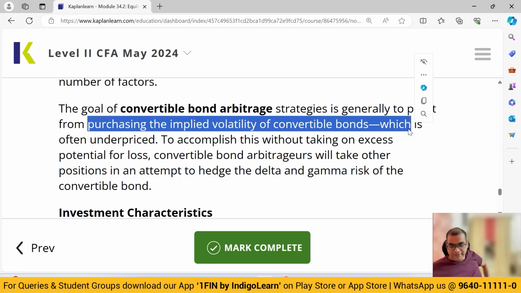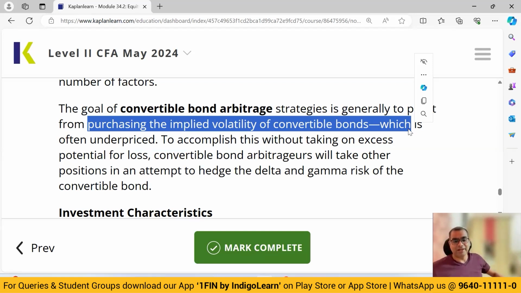So whatever is the price of the convertible bond also reflects it. See, what is the difference between a normal bond and a convertible bond? Normal bond plus price of the option is the price of a convert. So come again. Price of a normal bond plus price of an option is equal to price of a convert. Yes. Right. So when you're buying a convert, you are also buying the implied volatility on the option to buy the stock. Yeah. Correct. That's all they're saying.